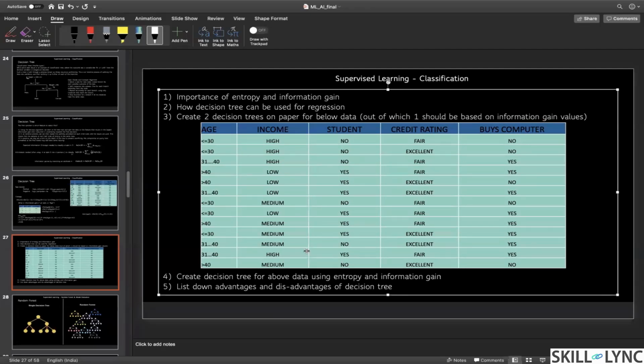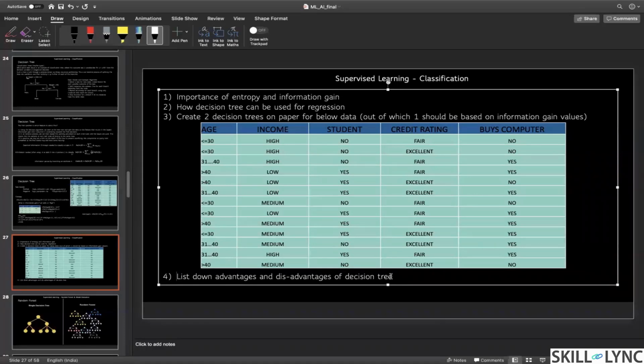Okay, it's the same Excel sheet, same data. You don't have to worry. You have already calculated for 2 columns. You have to calculate for the remaining 2 columns. Now create the decision tree for the above data using entropy and information gain, which I have already given here. So I will remove this question now. It's not required.